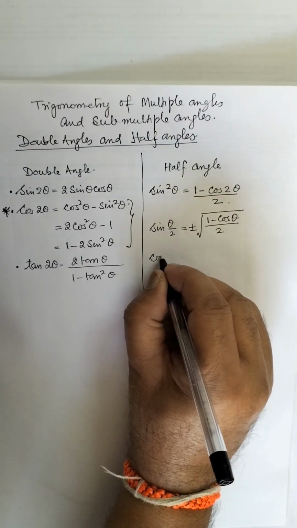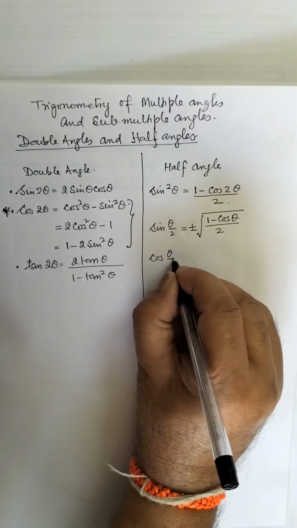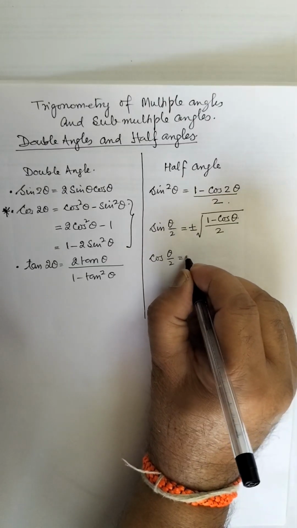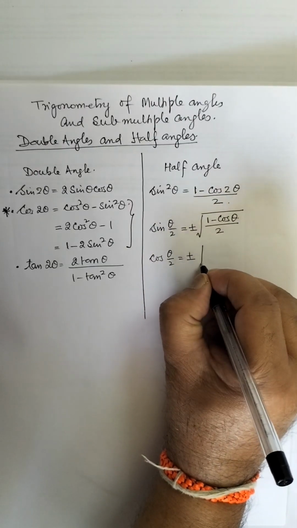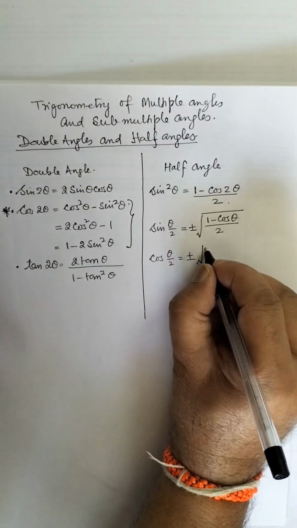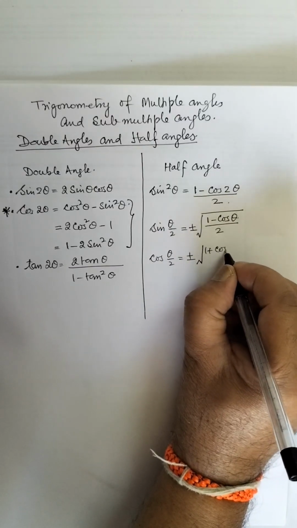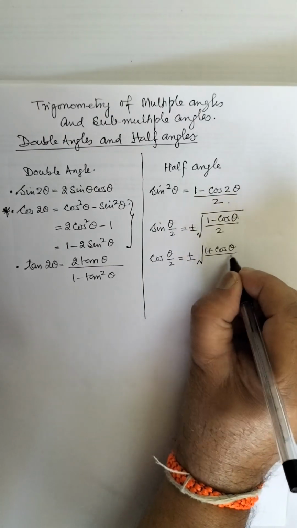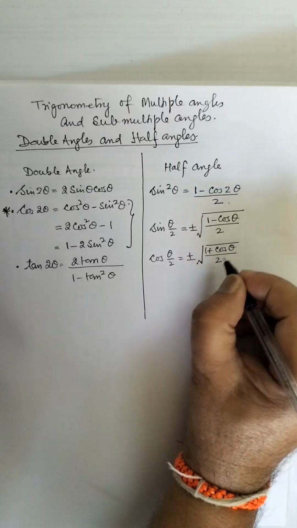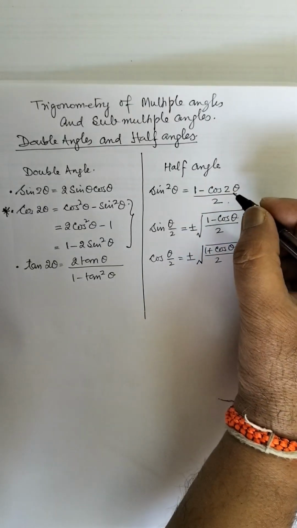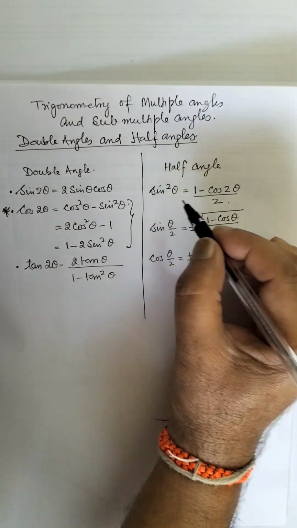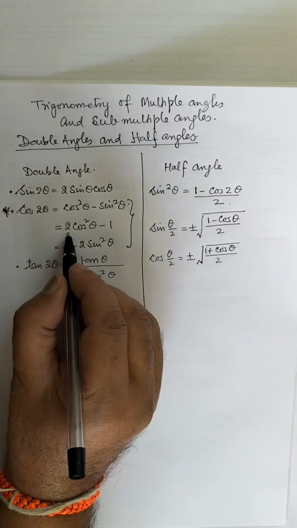Similarly, cos theta by 2 can be written as plus or minus under root of 1 plus cos theta by 2. The explanation is the same as how I did for sine square. For this we will take this relation.